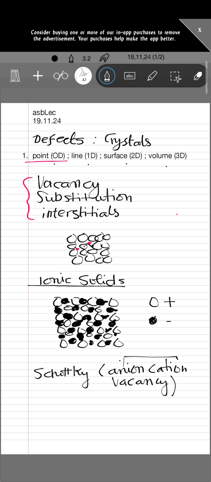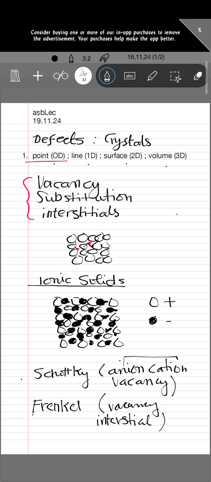And in the case of a Frenkel defect, there is a vacancy of, say, one of the ions, and similarly that vacancy is compensated by an interstitial. So these are the point defects.